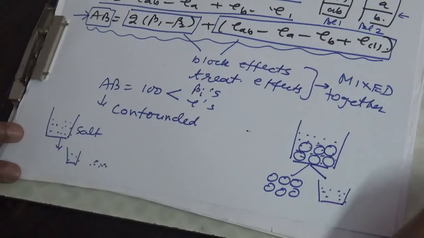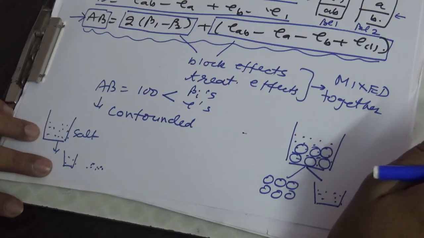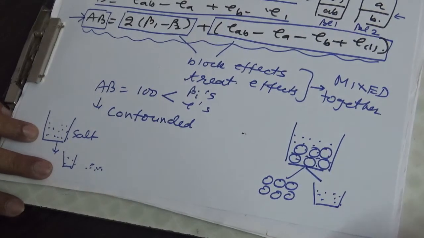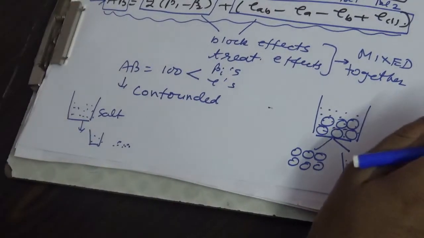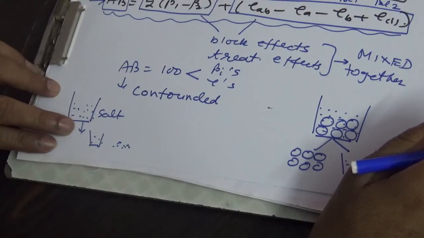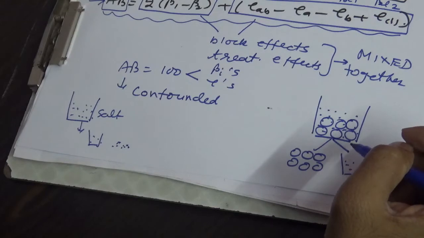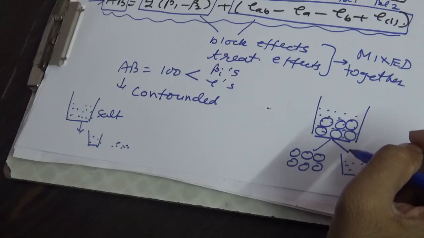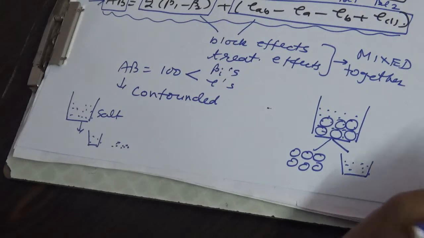You cannot argue on the basis of chemistry that you can evaporate the water and collect the salt, because in that case the water is lost. So in this case you cannot separate out the effect of salt and water after mixing them, whereas in the earlier case you can separate them out. So this is the meaning of confounding.